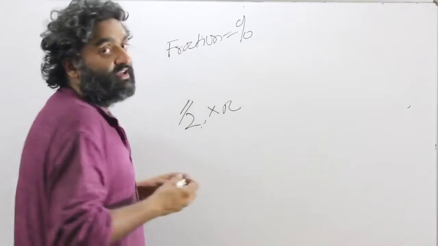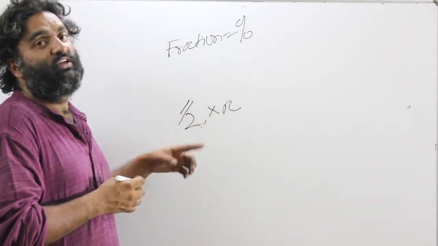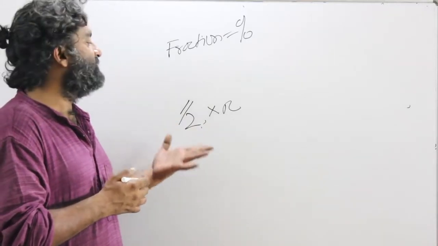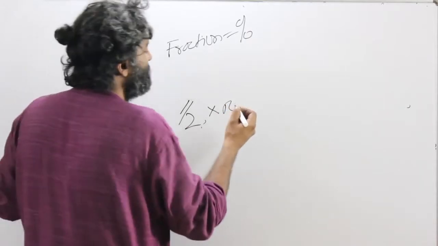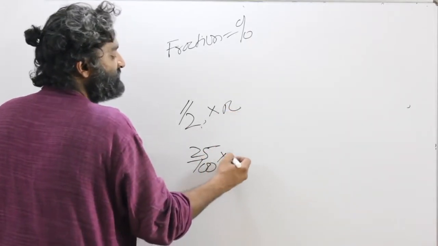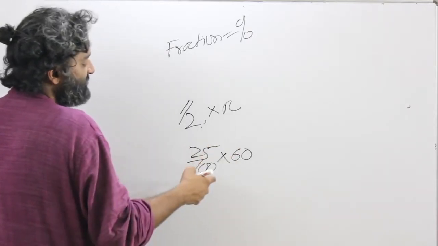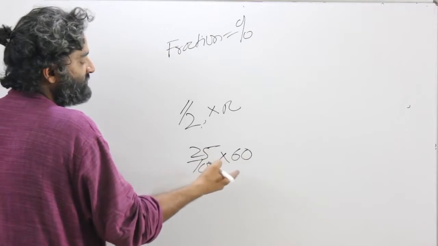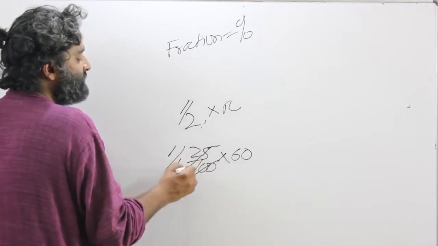So can I say that multiplying a number by 1 by 2 is the same as finding 50% of that number? Similarly, let's say you were to find 25% of 60. 25 by 100 into 60 is what you would have done, but this 25 by 100 can be rewritten as 1 by 4.